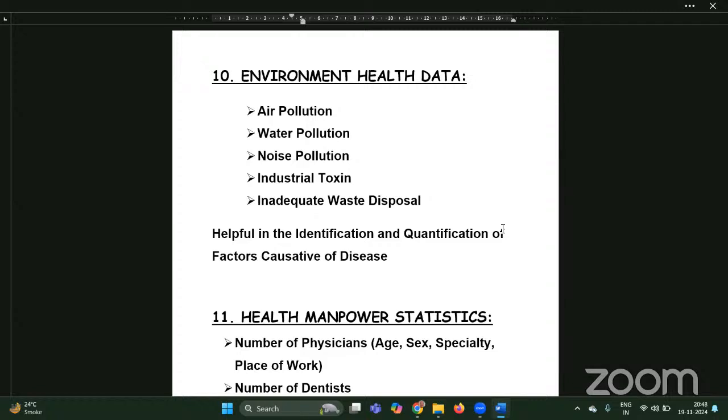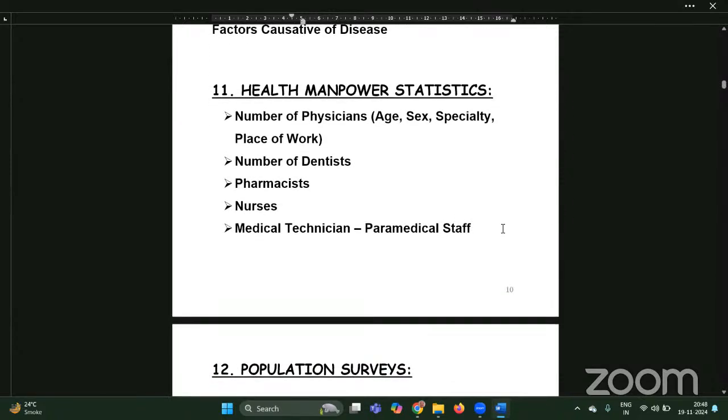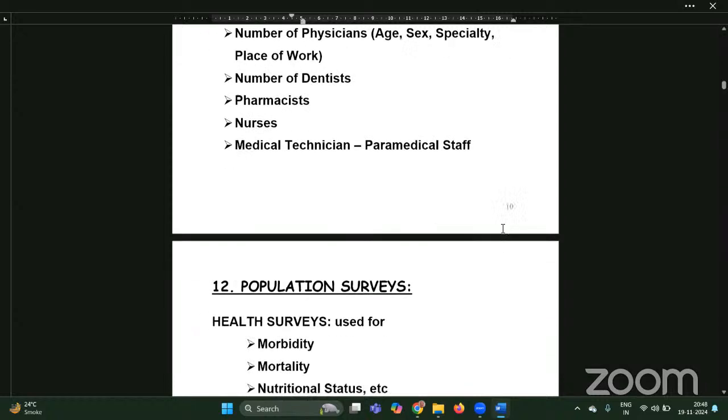Suppose you compare asthma in Delhi and asthma in, let's say, Hyderabad or maybe Bangalore, something like that. There may be a striking difference because of the air pollution. Then the manpower statistics also, you can get.